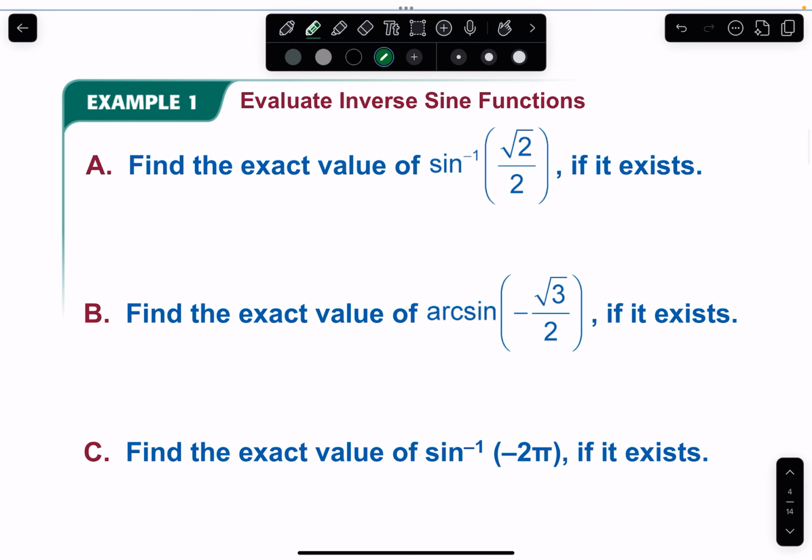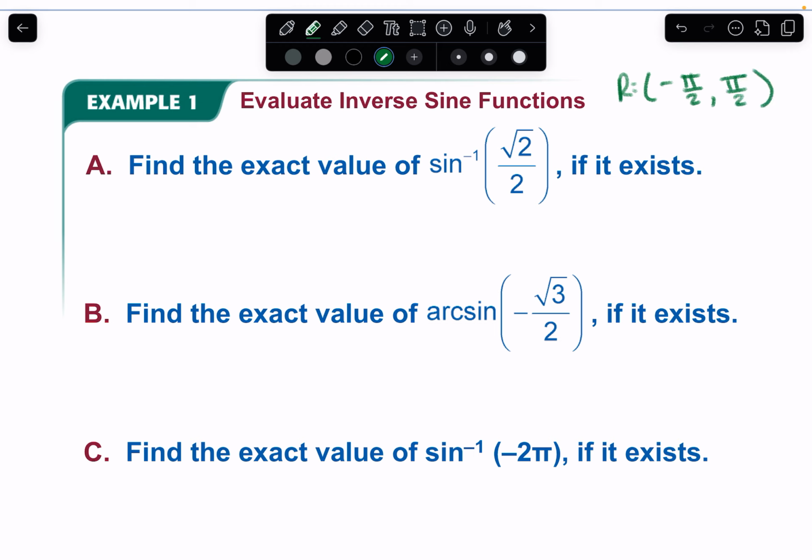So looking at example 1. Example 1 is all inverse sine functions. One of the things that we just talked about was that your range has to be between negative pi over 2 to positive pi over 2.